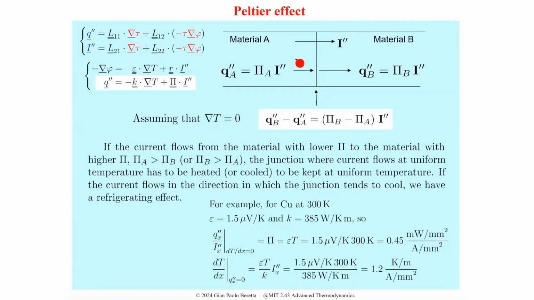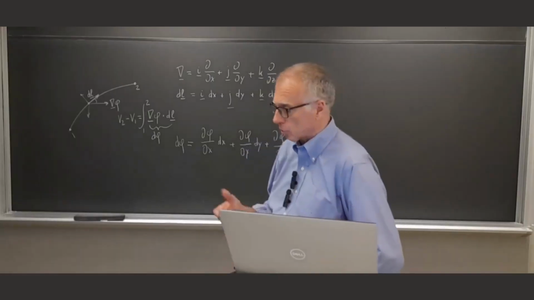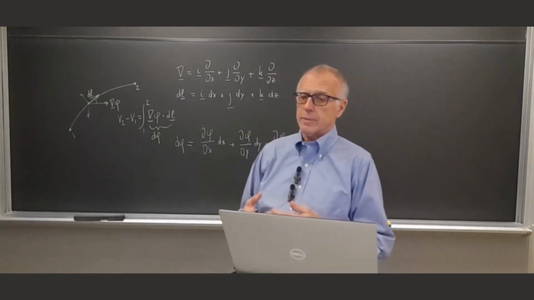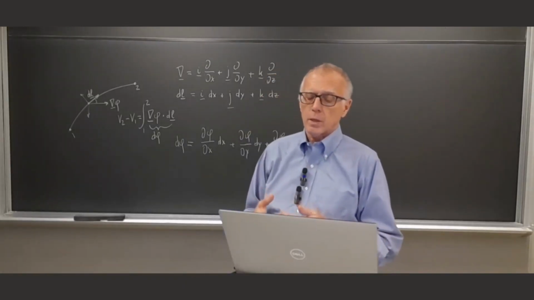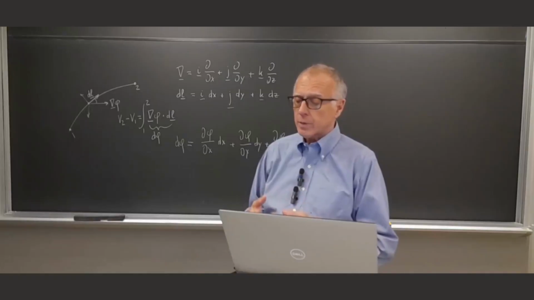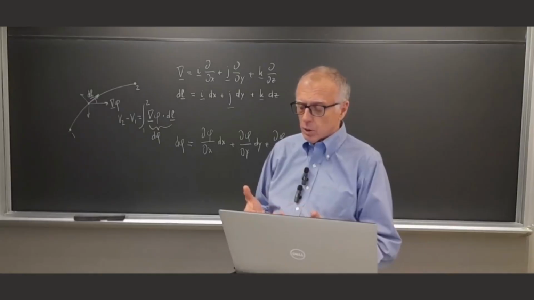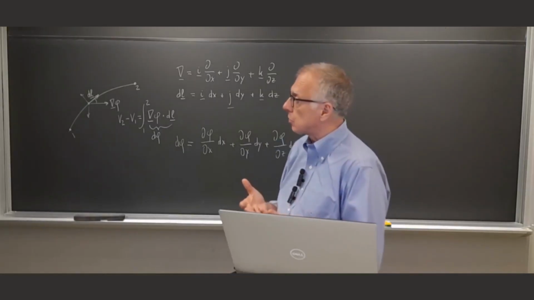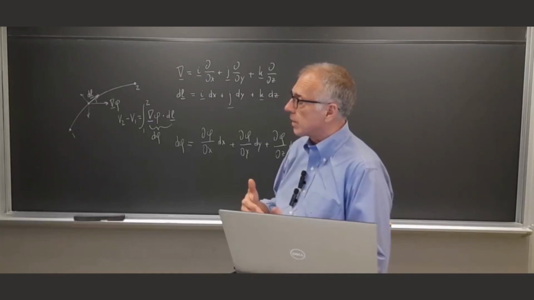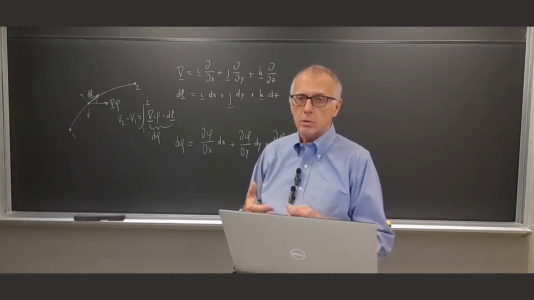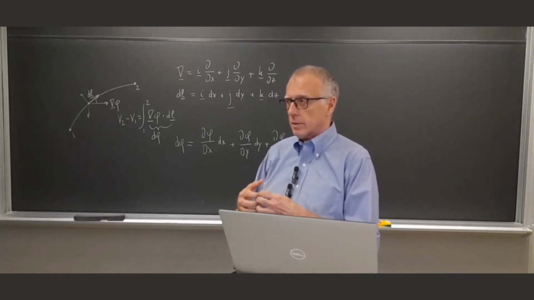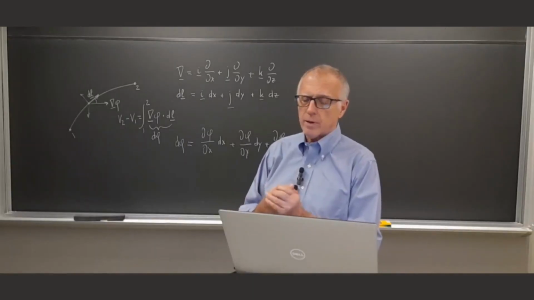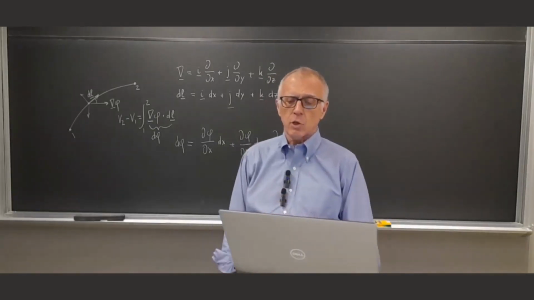The nice aspect of the Peltier effect, and also the nice aspect, I forgot to say it, of the thermoelectric generator, is that they convert electrical energy into heat and vice versa without moving parts. So these are engines that do not have machinery.